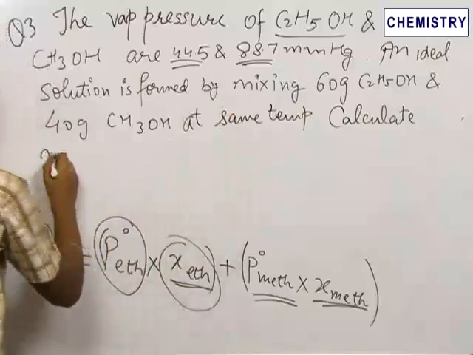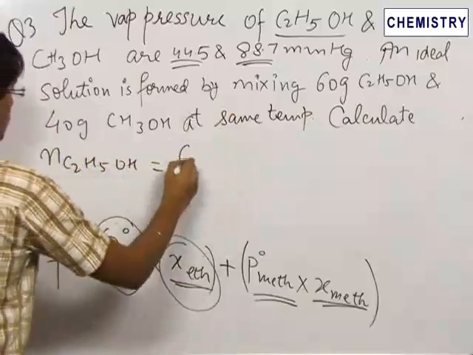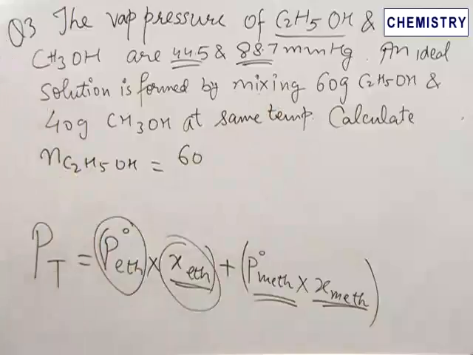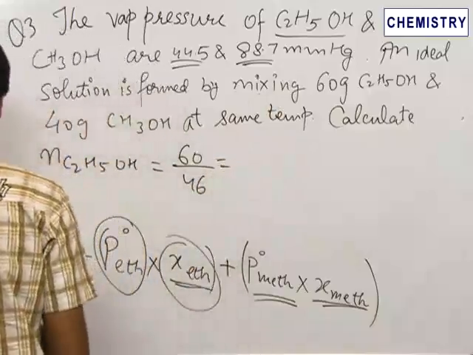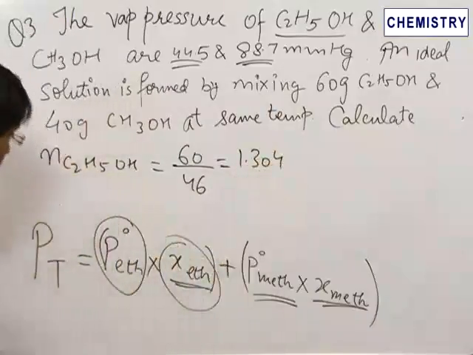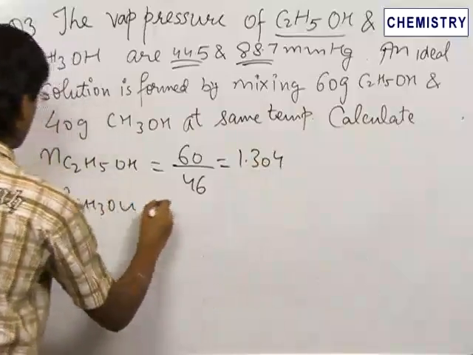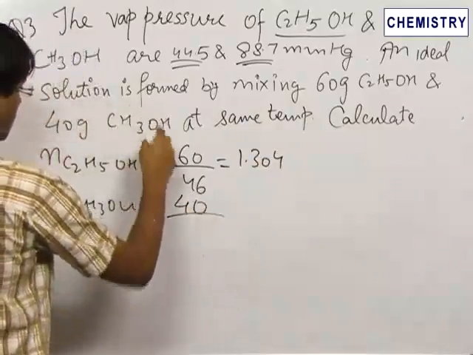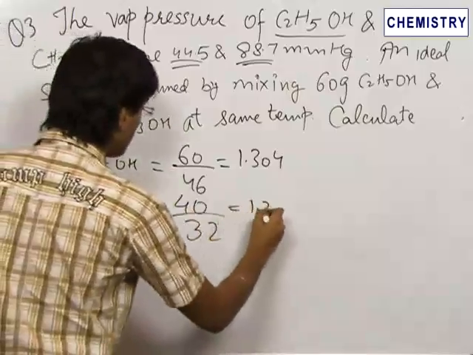For ethanol, the number of moles is equal to the weight which is given to be equal to 60 grams divided by its molecular weight which is 46 grams to get the moles of ethanol as 1.304, and in the similar way moles of methanol can be calculated as weight which is 40 divided by its molecular weight which is 32. This comes out as 1.25.